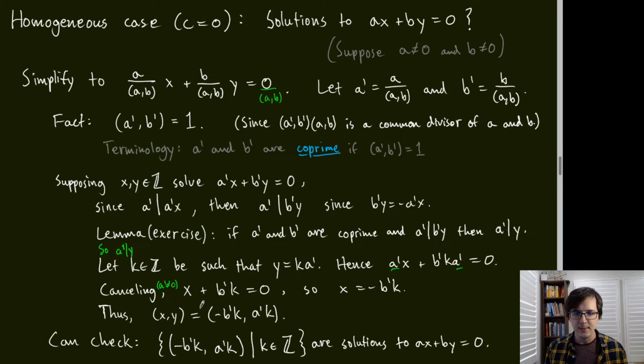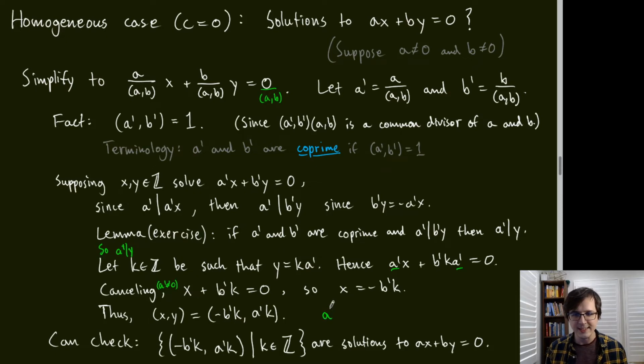Thus, we have the solution written in the form that x is negative b prime k and y is a prime k. Something you can check is that if we take the set of all of these numbers, then these are all solutions.